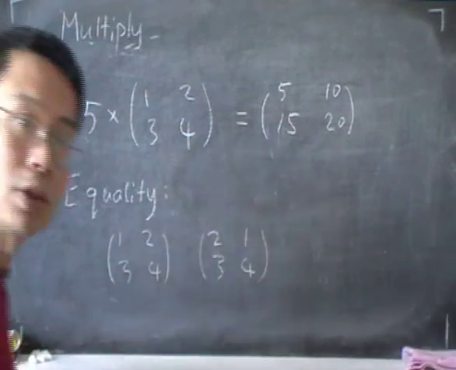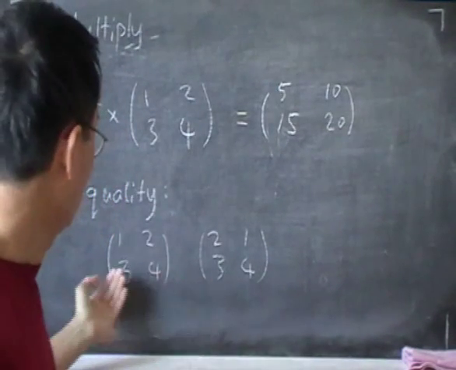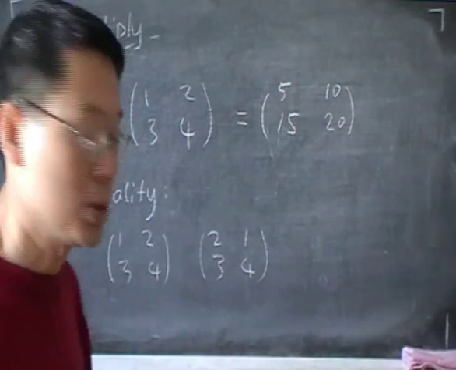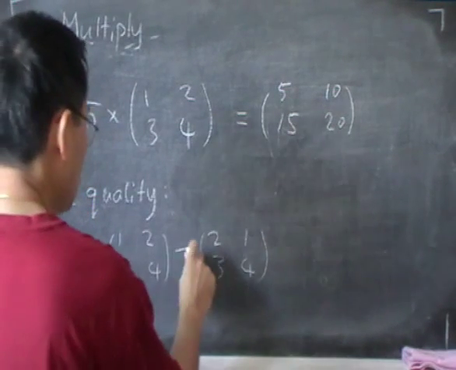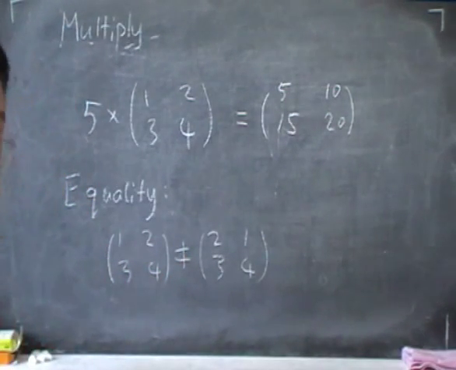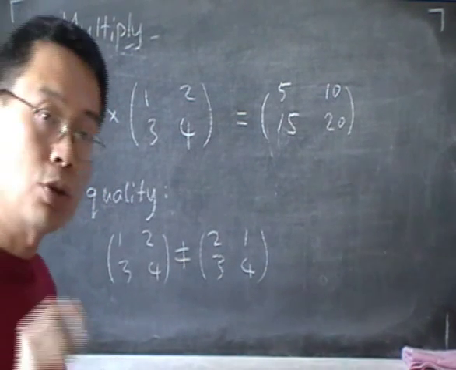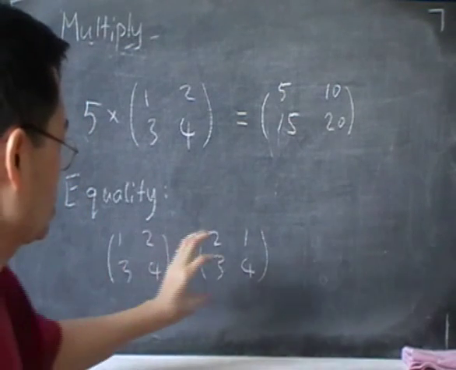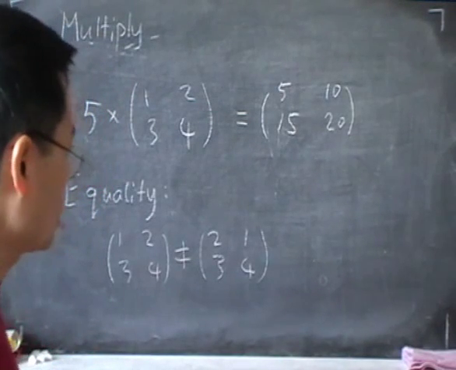Are those two matrices equal? After all, they have the same numbers. The order is slightly different, but the numbers are the same. Well, these two matrices are not equal. In order for two matrices to be equal, the corresponding numbers must be equal, meaning that the numbers must not only be the same, they must be in exactly the same order.